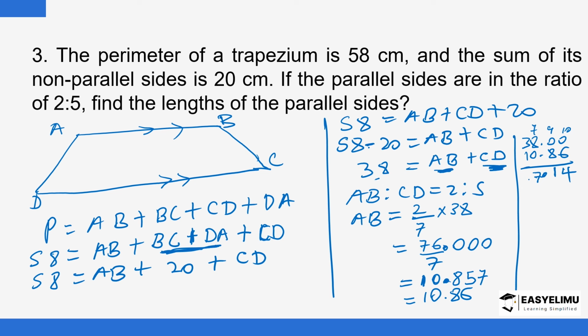And 3 minus 1 is 2. So CD is equal to 27.14 centimeters. And basically that is how you go about it.